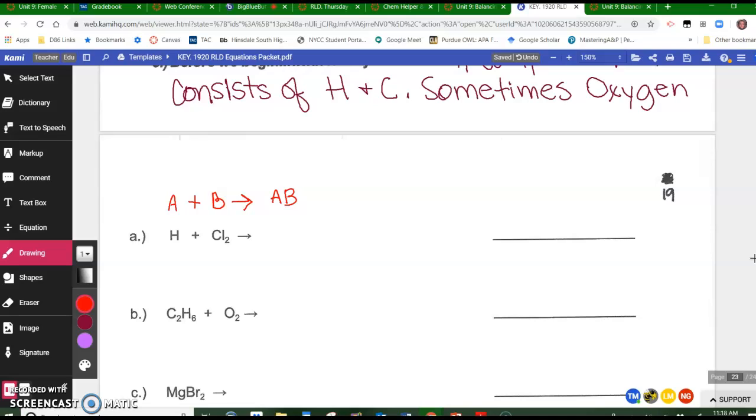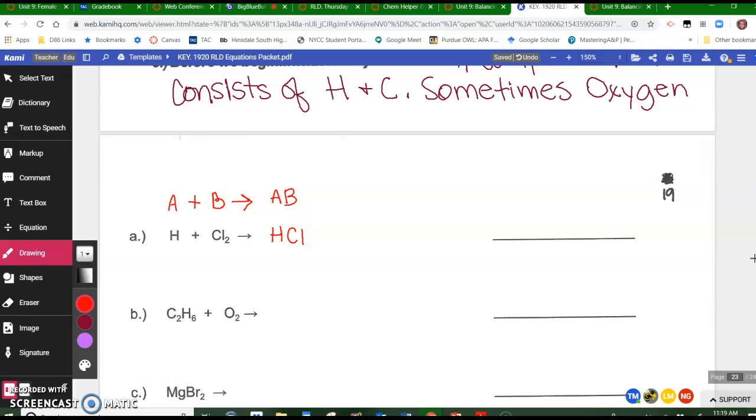Now right below my variables, I have to do my substitution here. A is hydrogen and B was chlorine. Now I want you to notice something because this is very, very important.